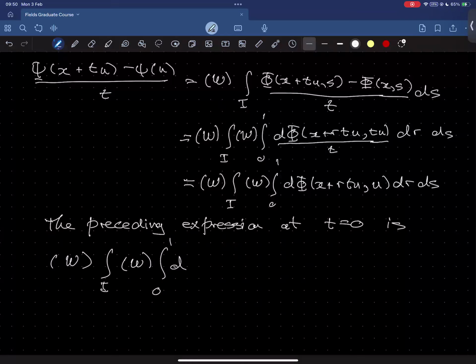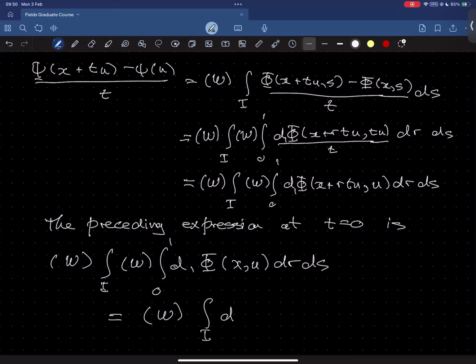Oh, sorry, that's D1 phi. This phi is a function of two variables, so I'm differentiating with respect to the first one. So it's D1 phi of, so t is equal to 0, so it's x, u, dr ds. But of course, this is simply the weak integral over I of D1 v of x, u, because this thing is independent of r.